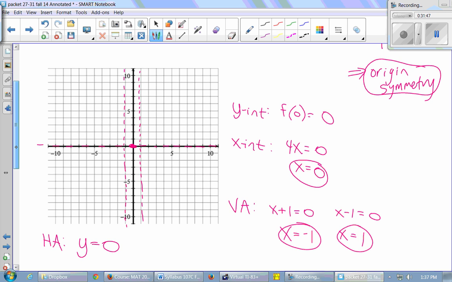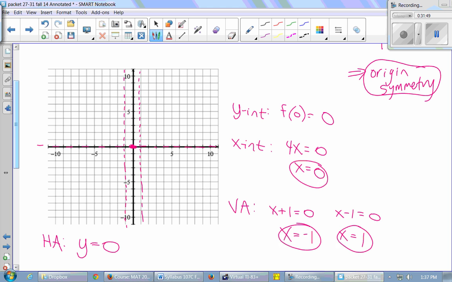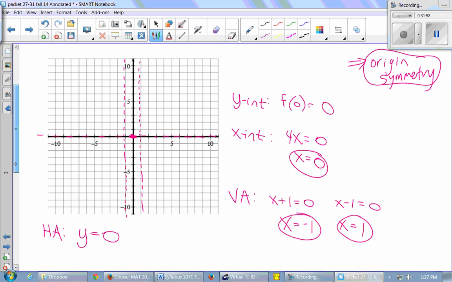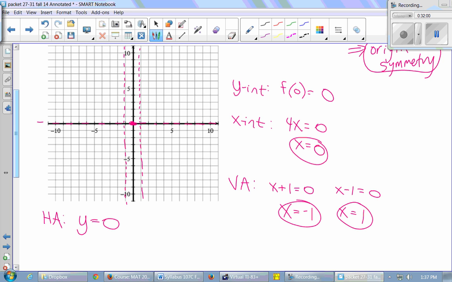So now what I need are some points to help me start drawing. Once I have a point, I know that my graph is going to approach asymptotes, right? So I just need a point. So what do I get if I plug, say, -5 into my function?